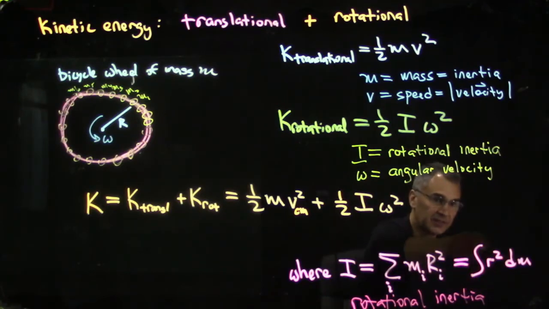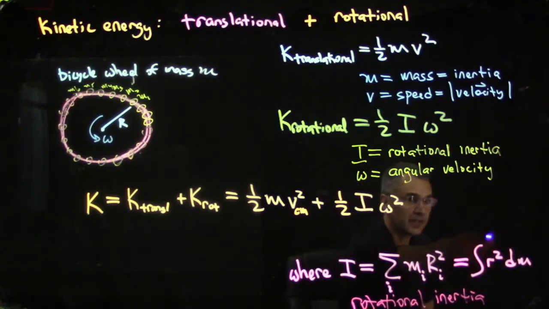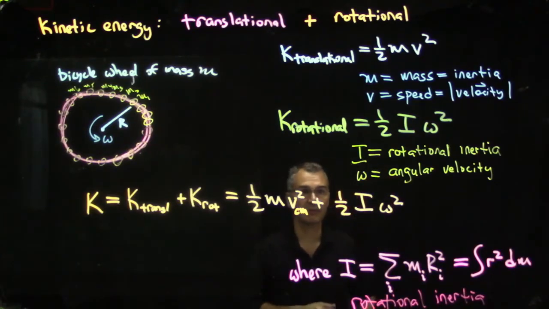And you integrate over little differentials dm, the radius squared, the distance squared from the axis of rotation. You won't have to work out this integral in this course. You might be able to if you want to for extra credit. Instead, for common shapes of objects, the rotational inertia is tabulated, and so you can just look it up.